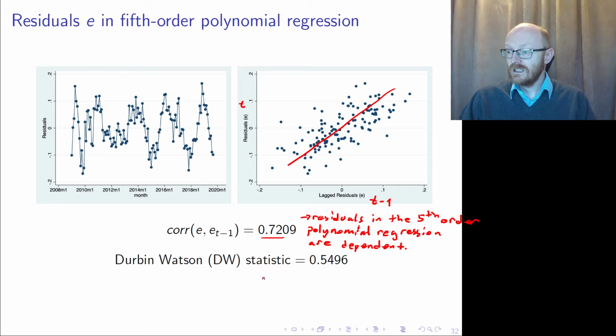We can check this with the Durbin-Watson statistic, which gives us 0.5496.